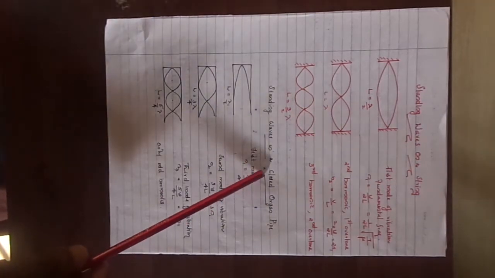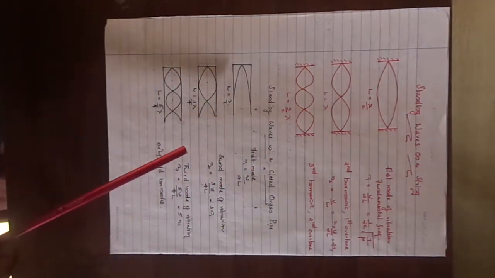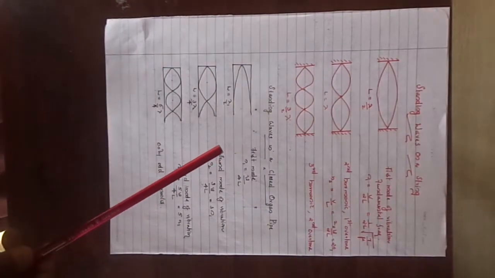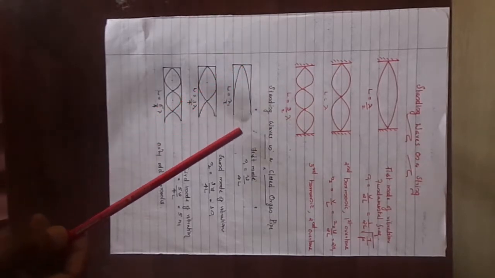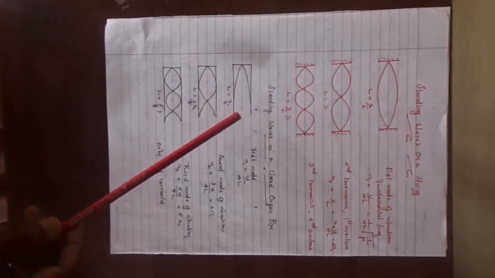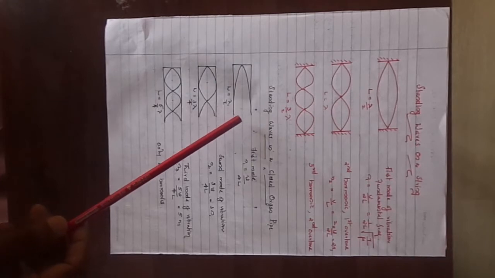Then what about the case of a closed organ pipe? Keep in mind, if it is a rigid boundary, you can sense it is a node. If it is not rigid, we can certainly say there is an antinode.